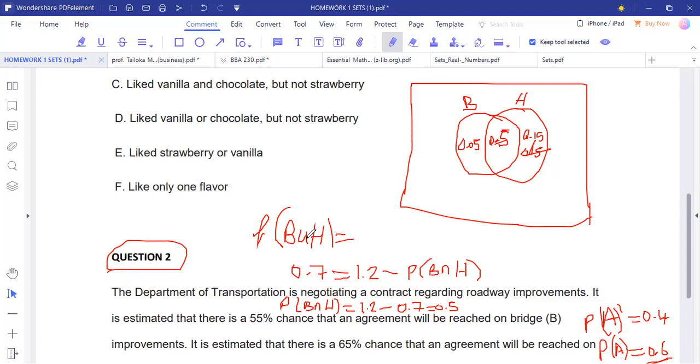Probability of B union H simply means what is in B only, or what is in both, or what is in H. So just add it for me.